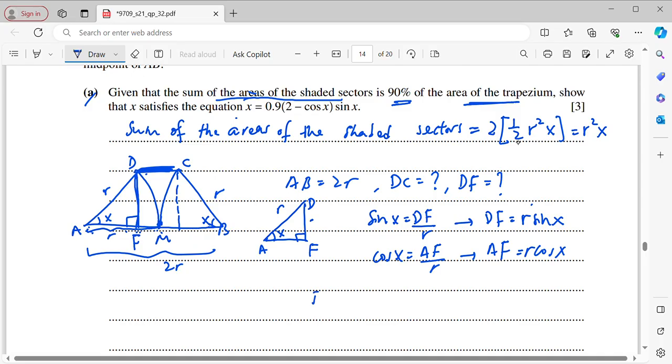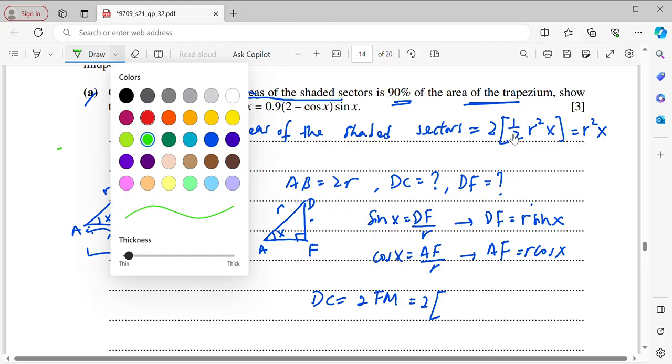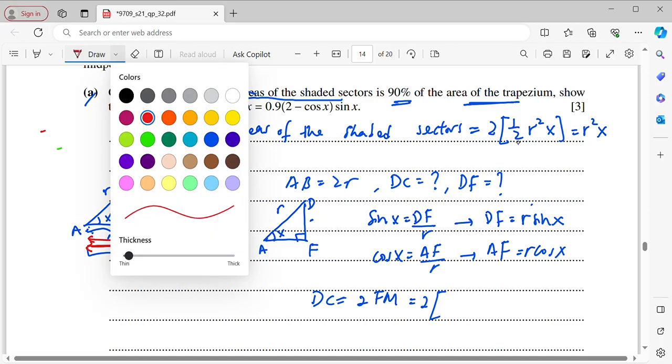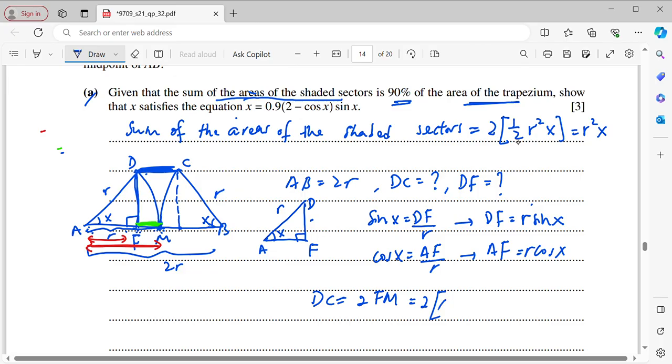So now my DC, which is here, here is FM, that means this is another FM, so it's 2 FM. And then the FM is same as AM minus AF.